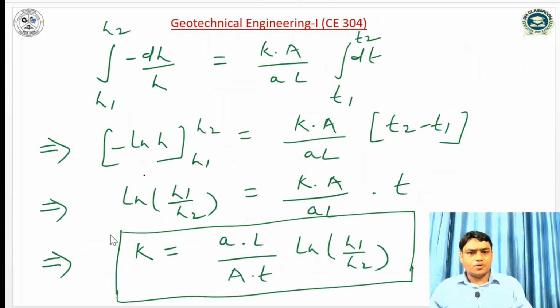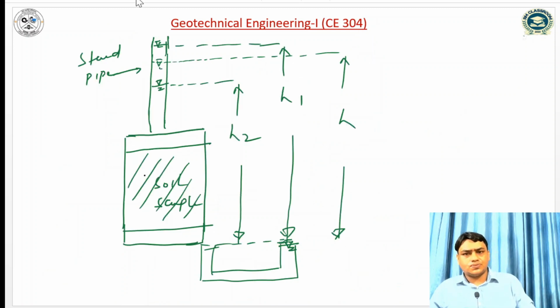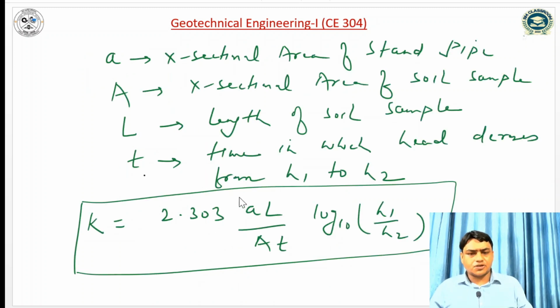Otherwise you have to remember this formula: K is equal to aL by AT ln H1 by H2. L is the length of the soil sample. So these are the two methods I have discussed. The first one is constant head permeability and the second one is falling head permeability.